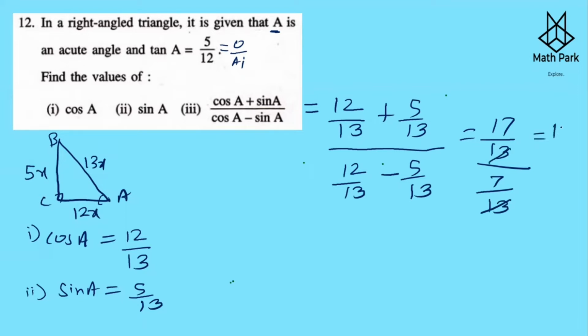So your final value is 17 upon 7. 17 upon 7 can be written as a mixed fraction. 7 2s are 14 and 14 plus 3 is 17. So it is 2 3 by 7. We can write the value as 2 3 by 7, or we can simply write this fraction as 17 upon 7. So this is how we completed question number 12.